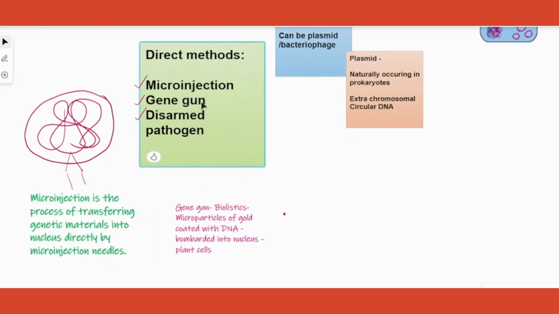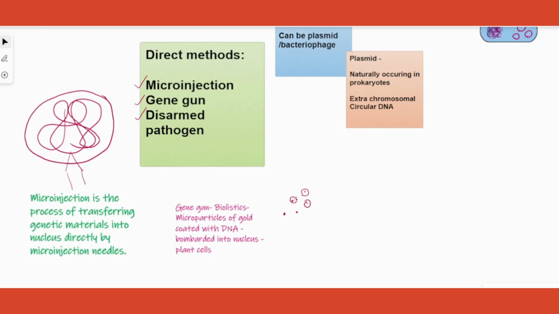The next one is gene gun, also called the biolistic method. In this, what are we doing? We are coating microparticles of gold or tungsten with our gene of interest, like so. Then we are making these microparticles move at high velocity and bombard the genome of the host.